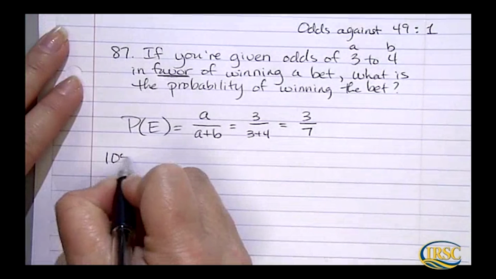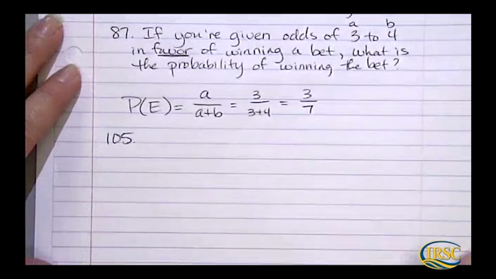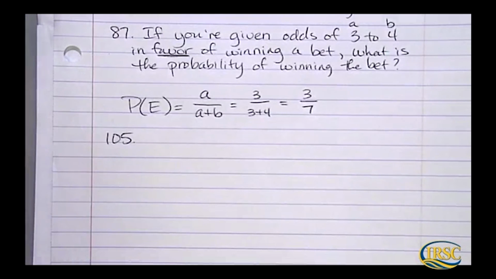And so that is the probability of winning the bet. Okay, last question, number 105. On New Year's Eve, the probability of a person driving while intoxicated or having a driving accident is 0.35.